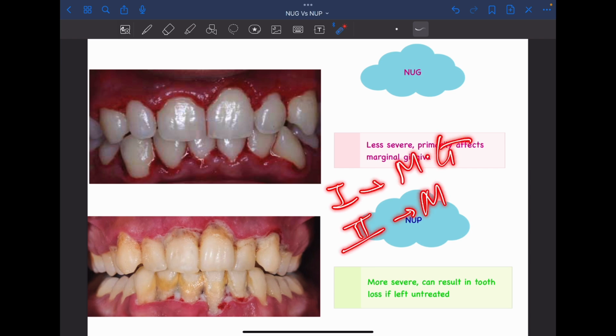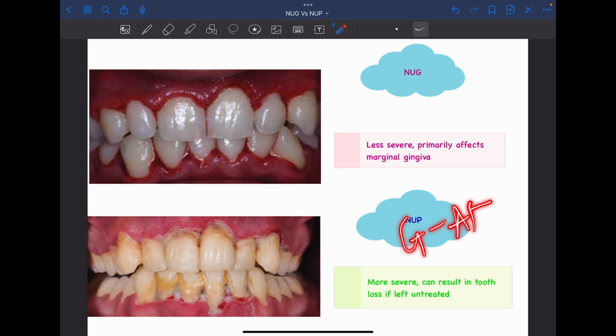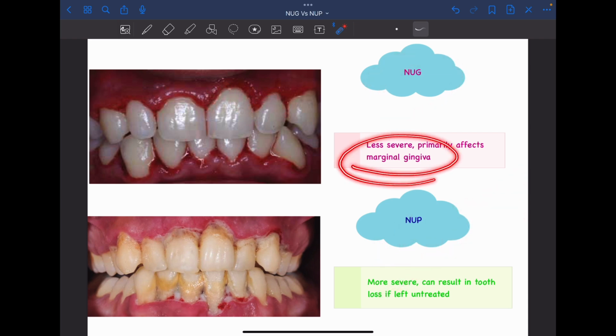In stage 2, we'll have marginal gingiva plus attached gingiva, and in stage 3, we'll have marginal gingiva, attached gingiva, plus the interdental papilla as well. So NUG is related to gingiva only, and of that, marginal gingiva is primarily affected.